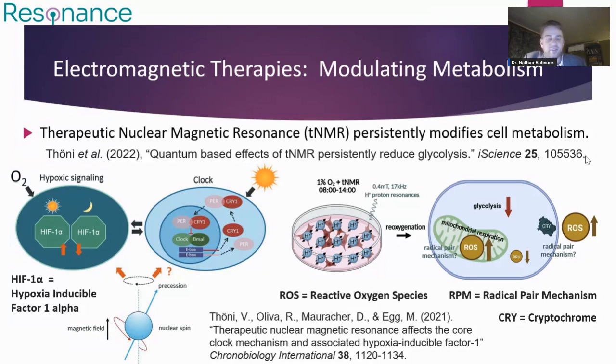Another relevant feature, if you're interested in something like cancer, where glycolysis is a key factor in the disease process. Interestingly enough, it increases reactive oxygen species in the mitochondrial respiration while increasing reactive oxygen species outside the cell, but decreasing reactive oxygen species, as I mentioned, along with glycolysis inside the cell.